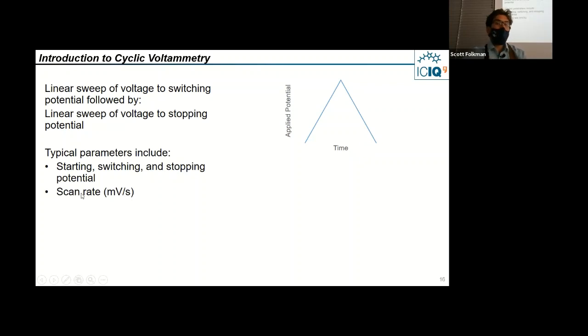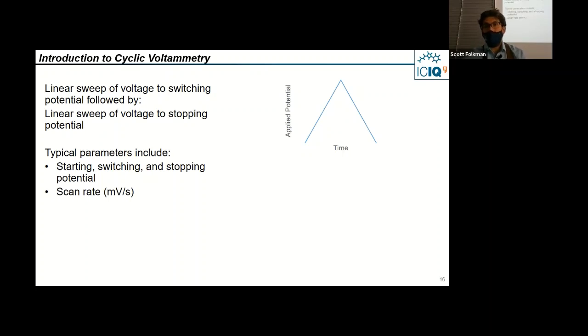The other parameter that we need to consider is the scan rate, which would be the slope of this, which is typically in millivolts per second or volts per second. If you're doing an experiment and you're not sure what scan rate to start with, I recommend 100 millivolts per second, because that's quite fast and you have an idea of what you're looking for.